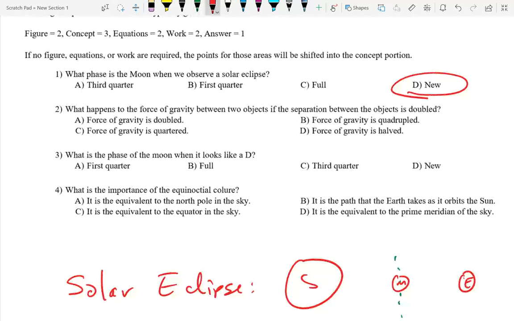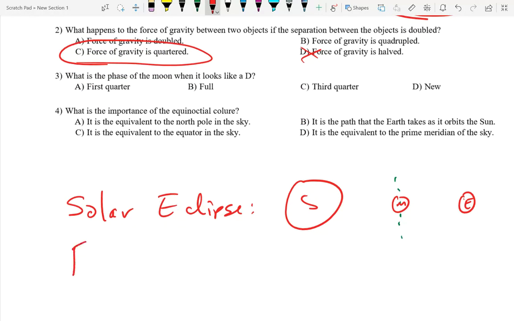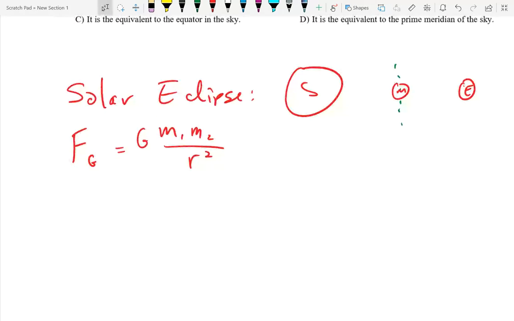Number two, what happens to the force of gravity between two objects if the separation between them is doubled? It is not halved. It's quartered. Force of gravity is a constant times the product of the two masses divided by the separation of the centers squared. So you're going to divide by two squared. Well, let's just do it. Real quick math.